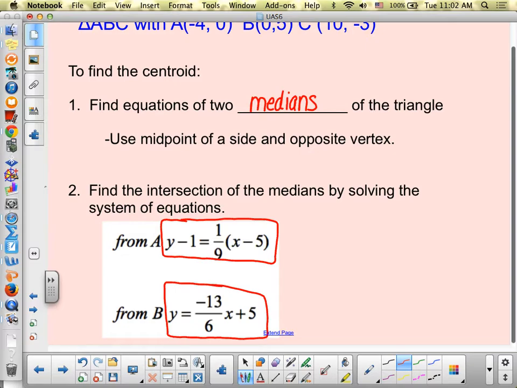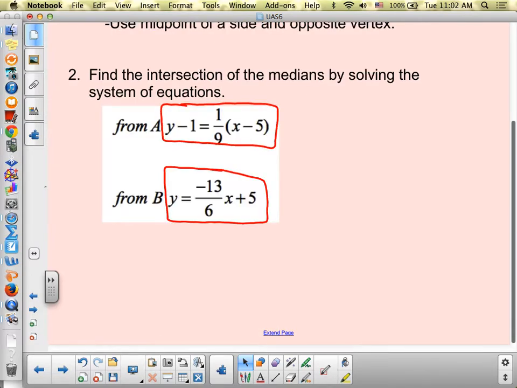And now I need to solve that system of equations to find where they intersect, and that intersection then will be the centroid. So, starting with the pieces that I have, I'm going to take a look and see that substitution wouldn't be bad, but I'm going to go back to and say, if I multiply everything through and clear denominators out, I may feel more comfortable doing the work.